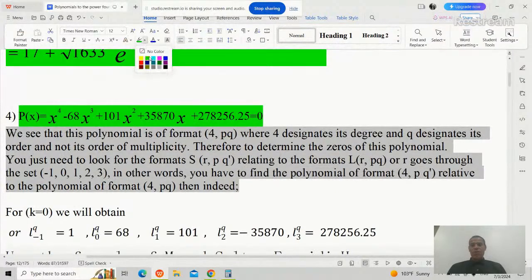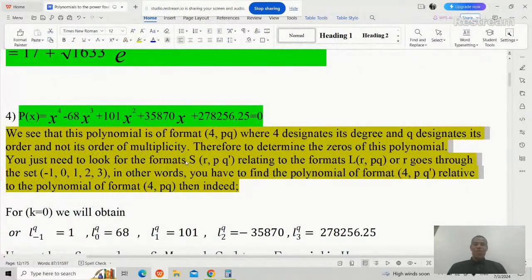We can say that this polynomial has a form P_q, where 4 denotes, learners, its degree, and q denotes its order, and not its order of multiplicity.